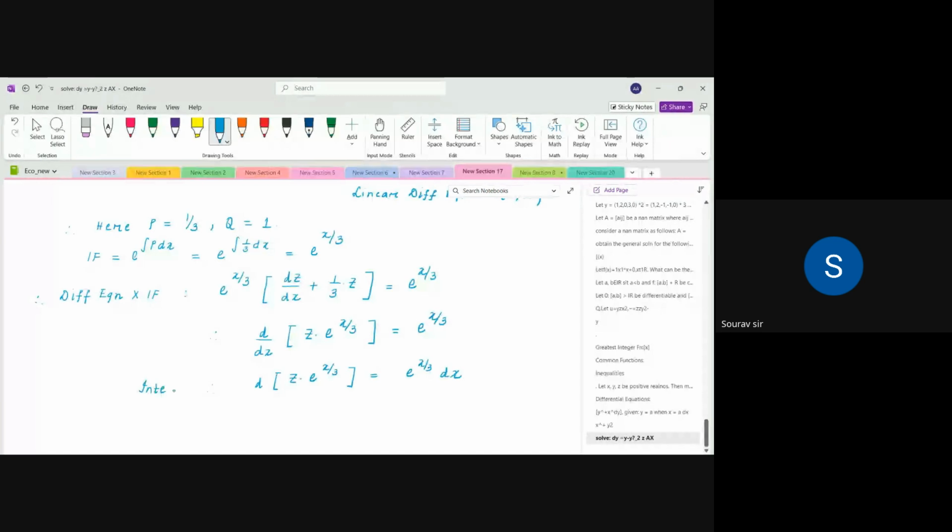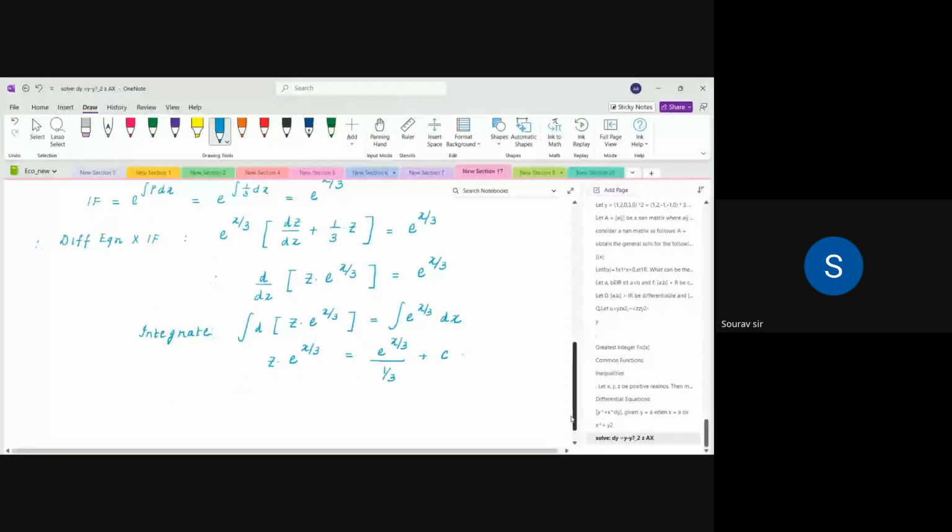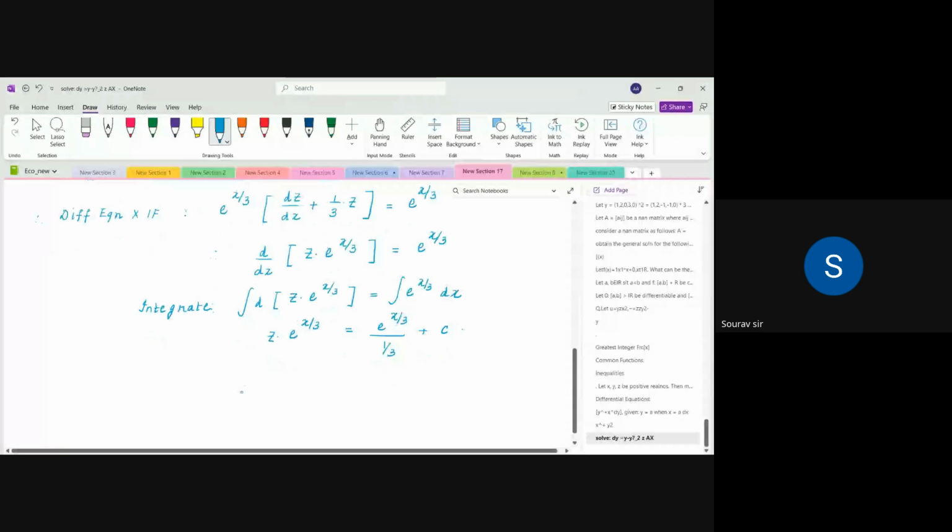So that will become z into e raised to the power x by 3 is equal to e raised to the power x by 3 divided by 1/3 plus c. Okay, and your z is 1 upon y. So 1 upon y into e raised to the power x by 3 is equal to 3 times e raised to the power x by 3 plus c.